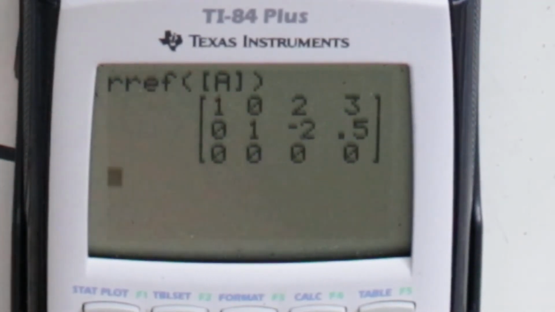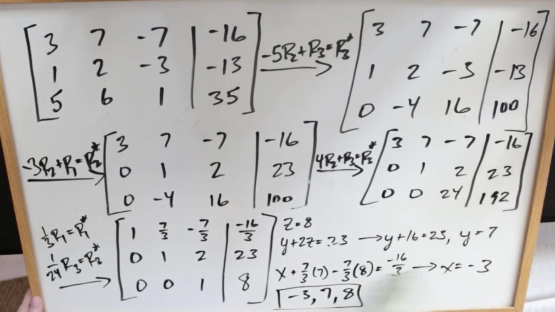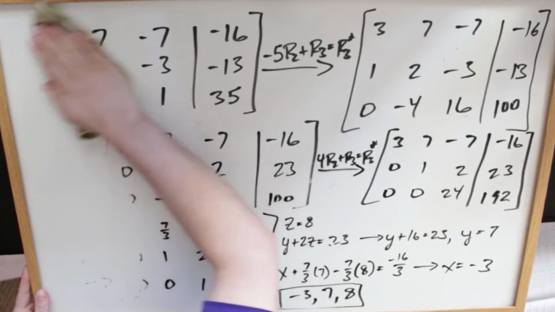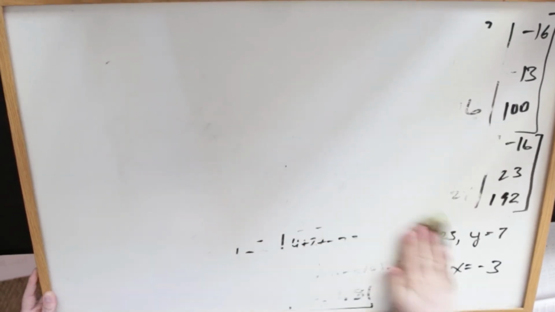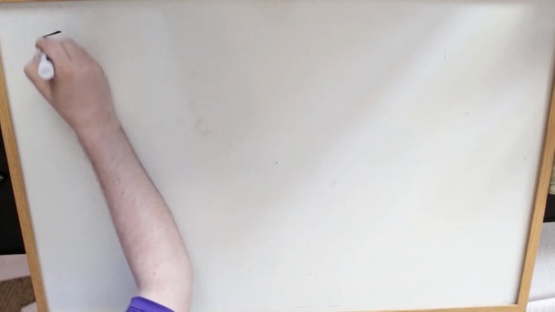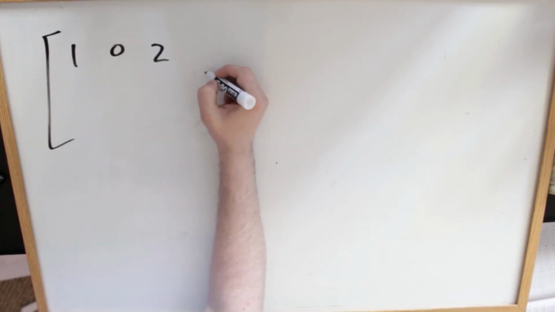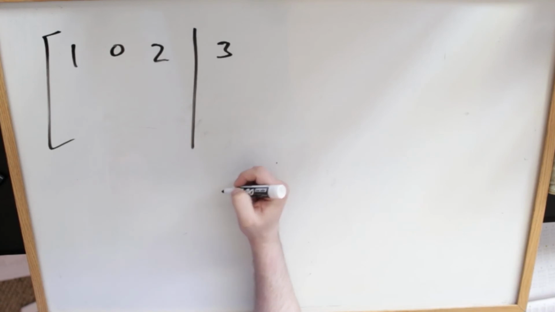I have to erase my whiteboard and back out here. Okay, so what does that mean? Let me go ahead and write this down. You get something that looks like this. 1, 0, 2, 3. So this is my line.